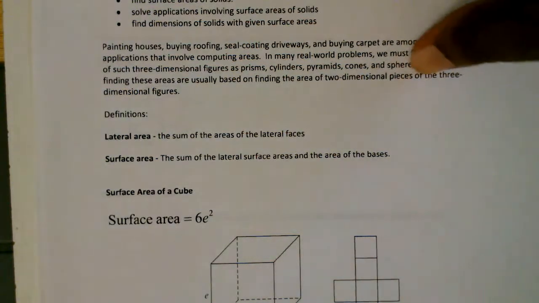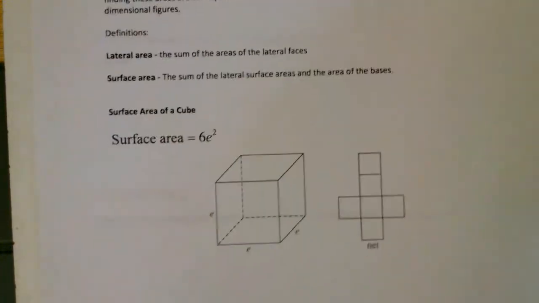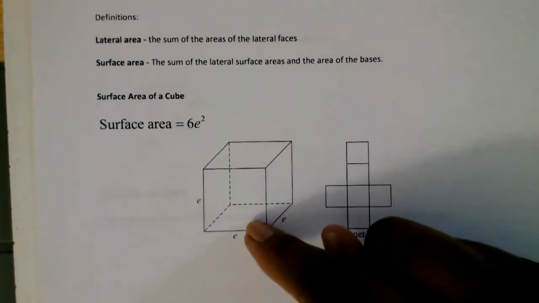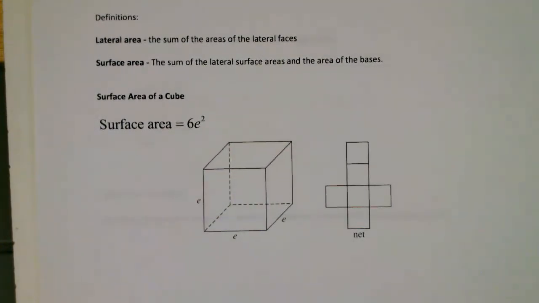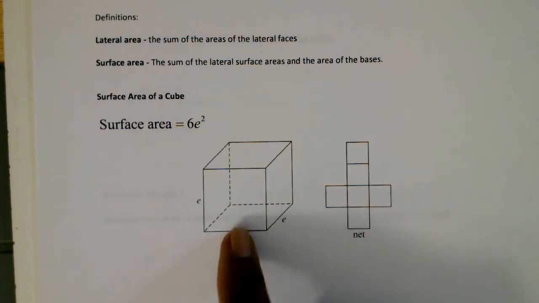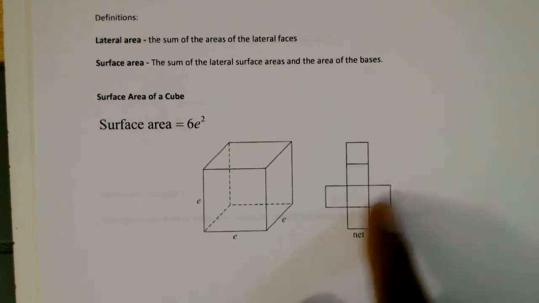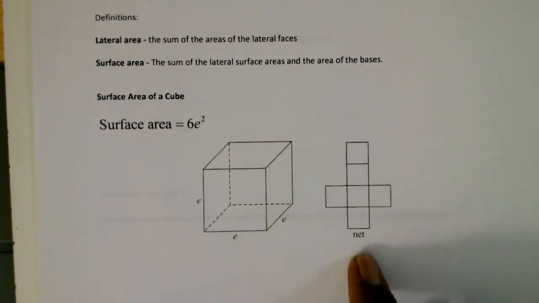So in this case, for a cube, the figure on the top and the figure on the bottom are your bases. The other four faces are going to compile the lateral surface area. And if you were to flatten that cube out into something that's called a net, you'll see that it would look like this in two dimensions.